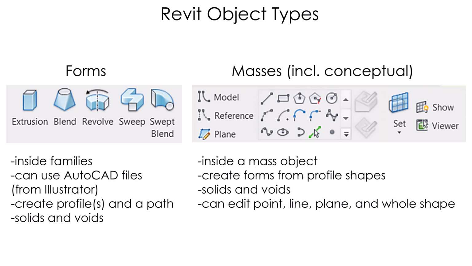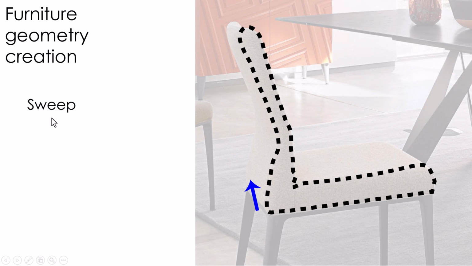You can draw profiles just like you do in the regular forms, but you can have multiple profiles, 2, 3, 4, 5, however many you want, and these profiles can follow more different types of paths, including a 3-dimensional spiral, which is great if you have some form like a conch shell or something like that, which spirals not only in plan but also in elevation. And again, you can edit the point, line, or plane, which is super fun and nice.